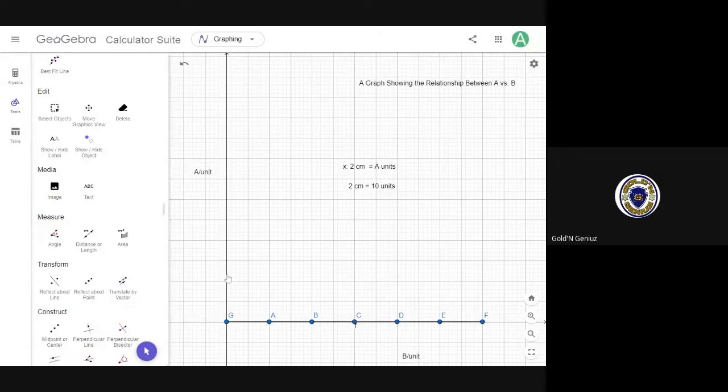1, 2, 3, 4, 5, 6, 7, 8, 9, 10. If we put 36 on the 10, we would be going up by 40. 40 is a good number.